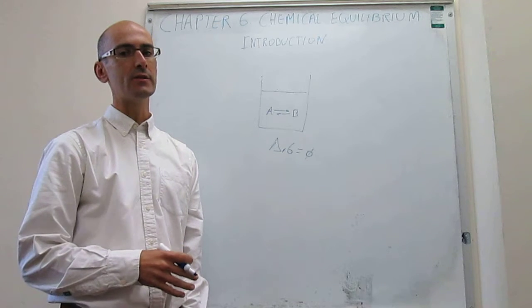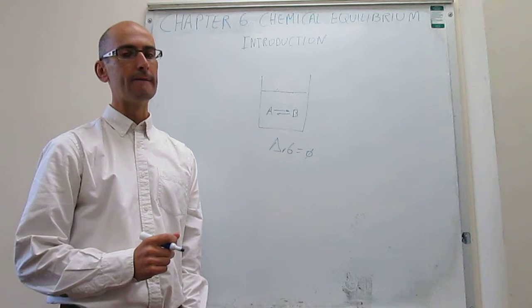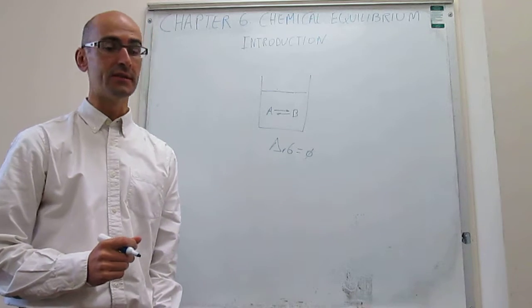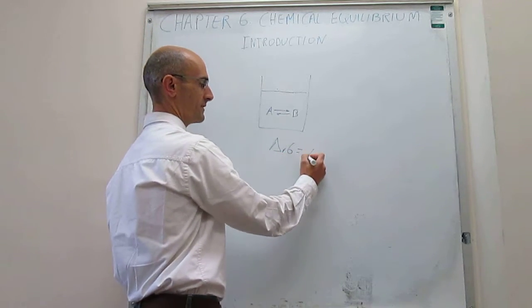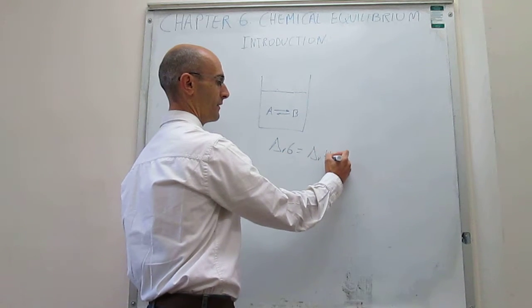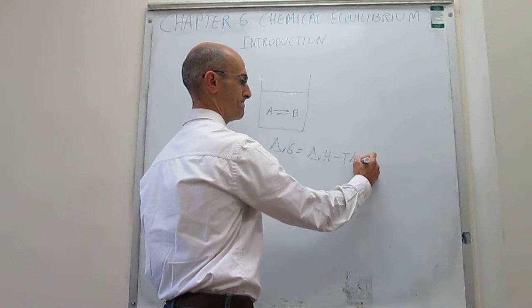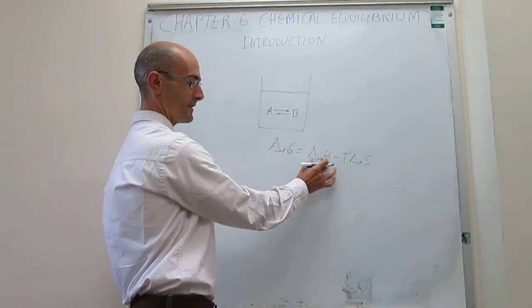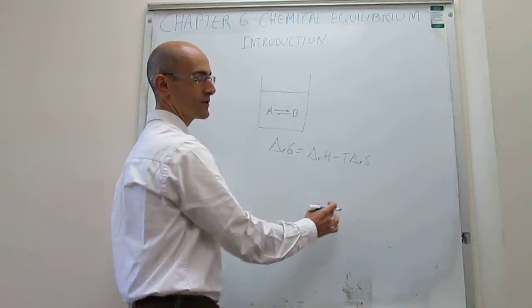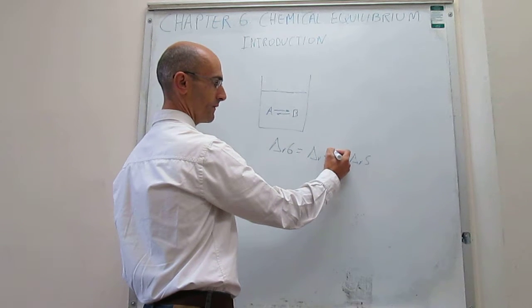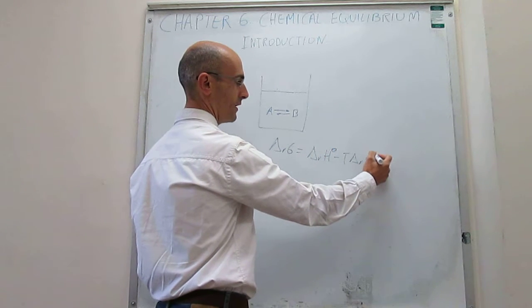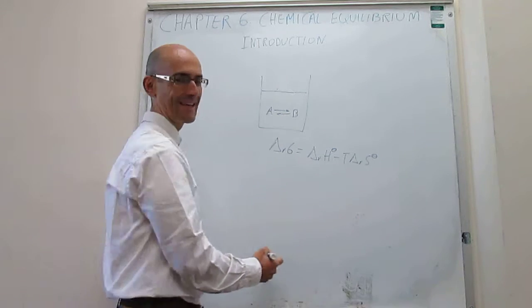Now, something that we have completely ignored in our discussion of the reaction Gibbs energy until now is that when we calculate these numbers, by utilizing both the enthalpy and the entropy, notice that the calculation of the enthalpy of a reaction and the entropy of a reaction until now has been done with values that we call standard.